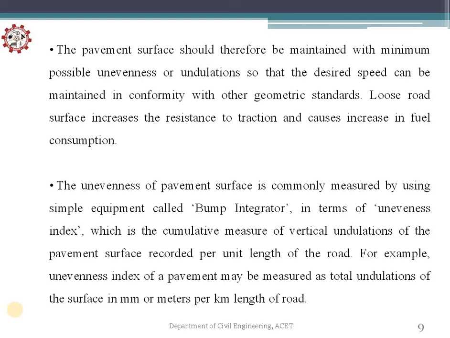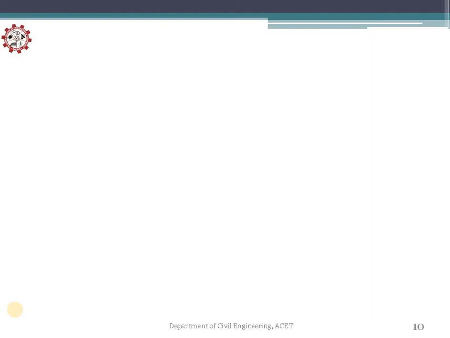Next, the unevenness of pavement surface is commonly measured using simple equipment called a bump indicator in terms of unevenness index, which is the cumulative measure of vertical undulations of the pavement surface recorded per unit length of the road. For example, the unevenness index of a pavement may be measured as total undulations of the surface in mm or meters per kilometer length of the road.